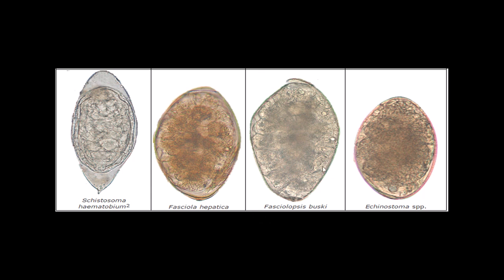Fasciolopsis buski, affecting the colon, Fasciolopsiasis, it causes a disease. And also the Echinostoma species. All of those can be seen as part of the trematodes in the gastrointestinal tract.